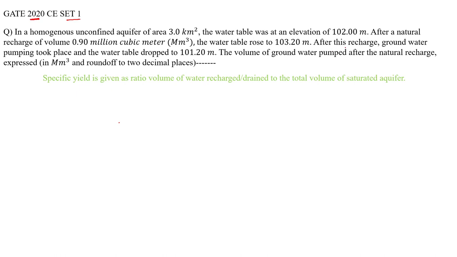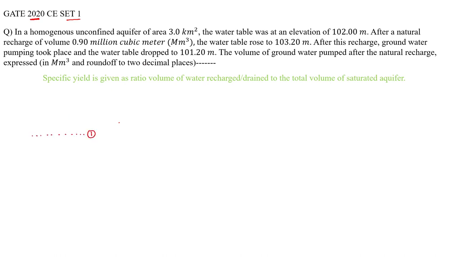After this, groundwater pumping took place and the water table dropped to 101.20 meters. The volume of groundwater pumped after the natural recharge, expressed in million cubic meter and rounded off to two decimal points, is asked. So essentially the question is like this.